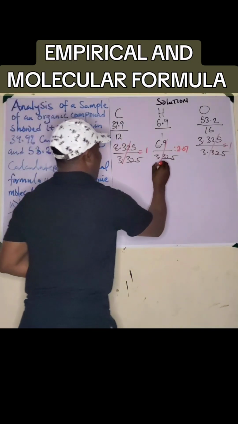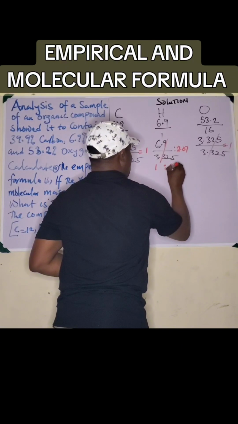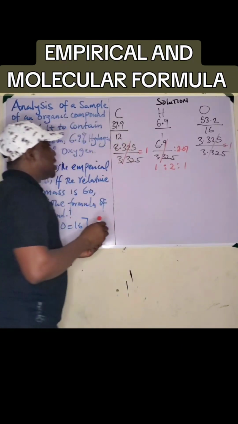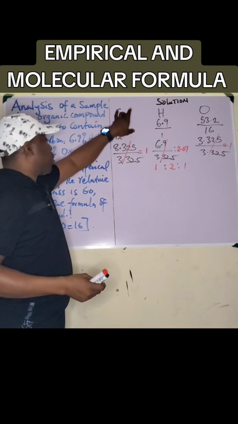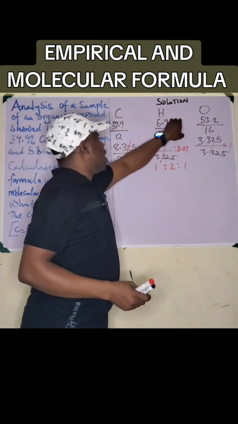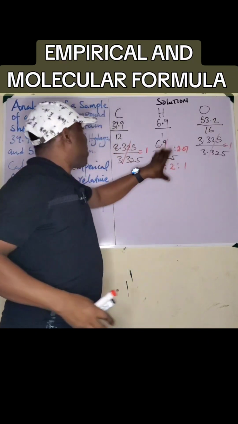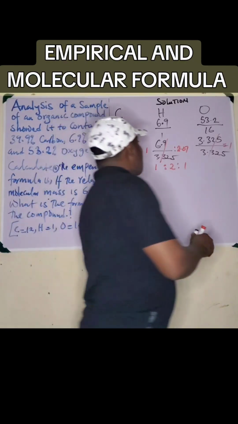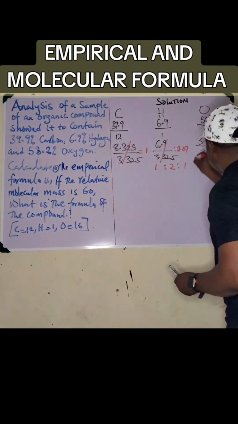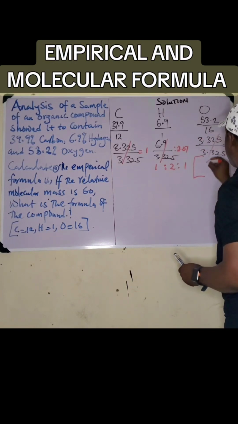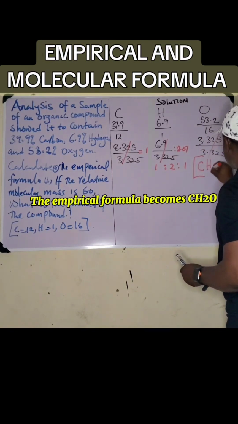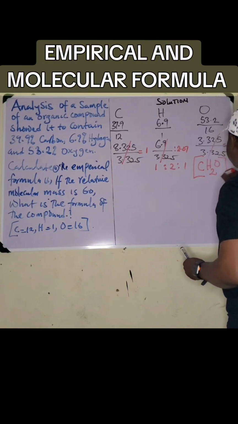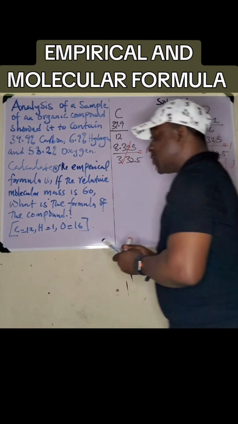So the ratio here is 1:2:1. So it simply means that the ratio of carbon, hydrogen and oxygen in this very particular compound is 1:2:1. So if it is 1:2:1, it means that the empirical formula of this compound is CH2O. This is the empirical formula of this compound.